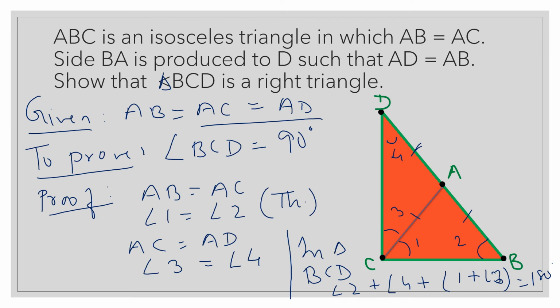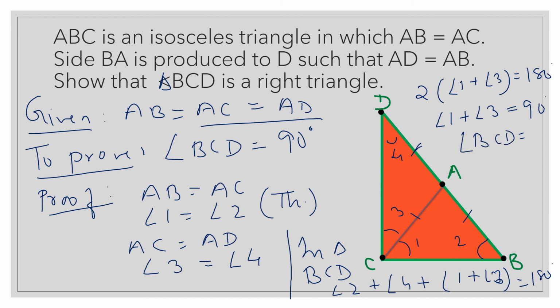So, since 1 is exactly equal to 2 and 4 is exactly equal to 3, can you write down 2 times angle 1 plus angle 3 will be 180 and angle 1 plus angle 3 is 90 degrees. Dividing both sides by 2. What is 1 plus 3? That is your BCD is 90 degrees. Hence, this is your proof.